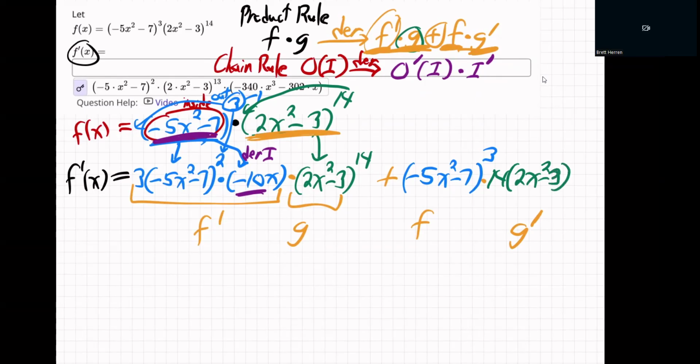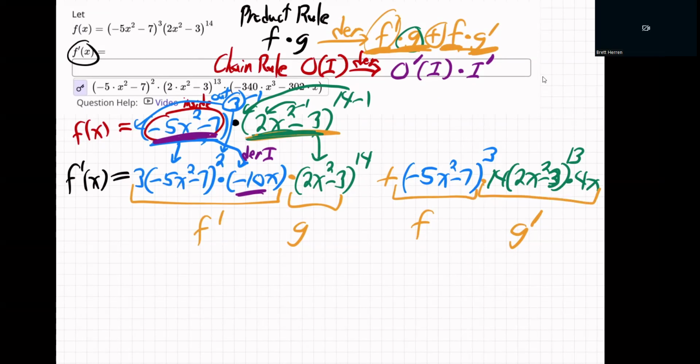Lower the power by 1, to 13. Times the derivative of the inside function, which is 4x. Derivative of that inside, 2 comes down, 4x, lower the power by 1, the 3 minus 3 goes away. Whew. There's f, there's g prime.